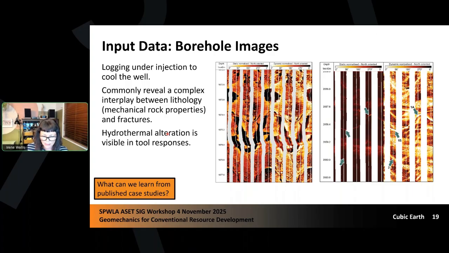You can run standard temperature tools in wells that are, when re-equilibrated, sort of 240, 270, 300 degrees Celsius. And what we commonly find is there's this really complex relationship between the lithology and what we're seeing in terms of the fracturing. On the left-hand side is a microresistivity image.